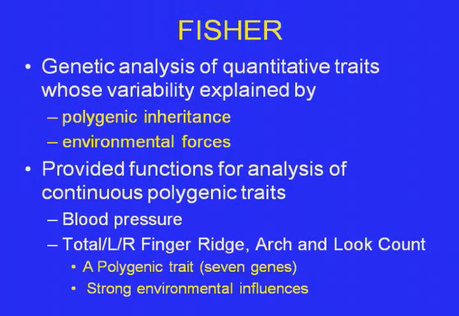FISHER is a genetic analysis tool for quantitative traits whose variability can be explained by polygenic inheritance as well as environmental forces. So you can see the polygenic command. The polygenic command in Solar performs the analysis that was originally developed as a FISHER tool.